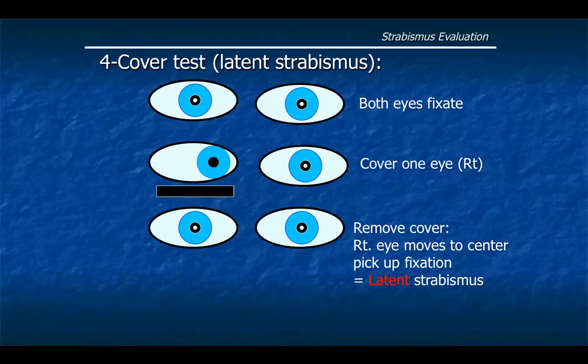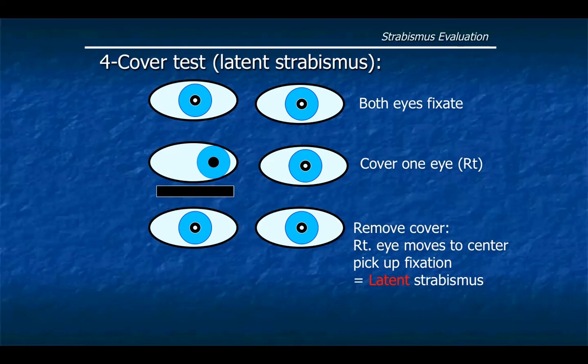If we cover one eye, there's no more stimulus for the brain to maintain the eye straight, because there are no more two images that need to be fused. It's only one image by the uncovered eye. So in this case, the brain does not exert its control on the muscle balance anymore, and the latent strabismus will appear. So to show up the latent strabismus, we cover one eye.